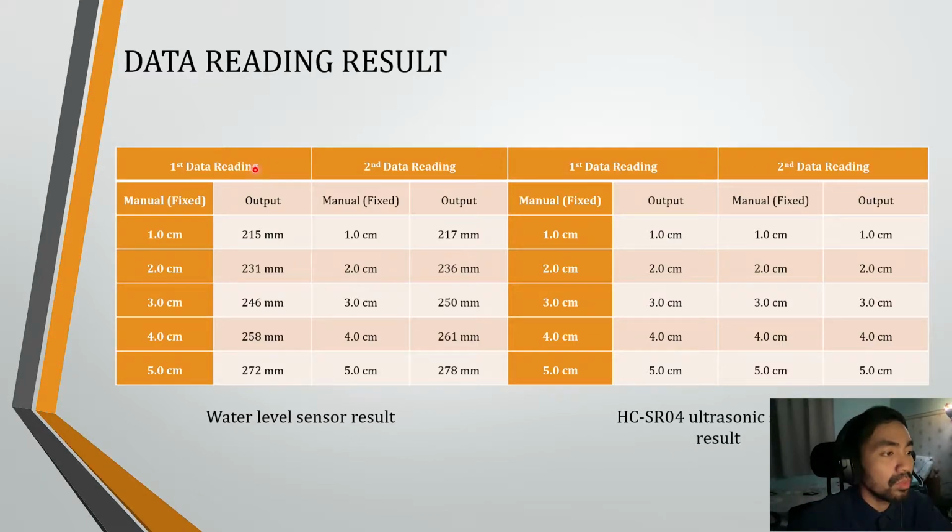As you can see, for the water level sensor result, this is a fixed length, and the output for 1 cm is 215 mm, 2 cm is 231 mm, 3 cm is 246 mm, 4 cm is 258 mm, 5 cm is 272 mm.